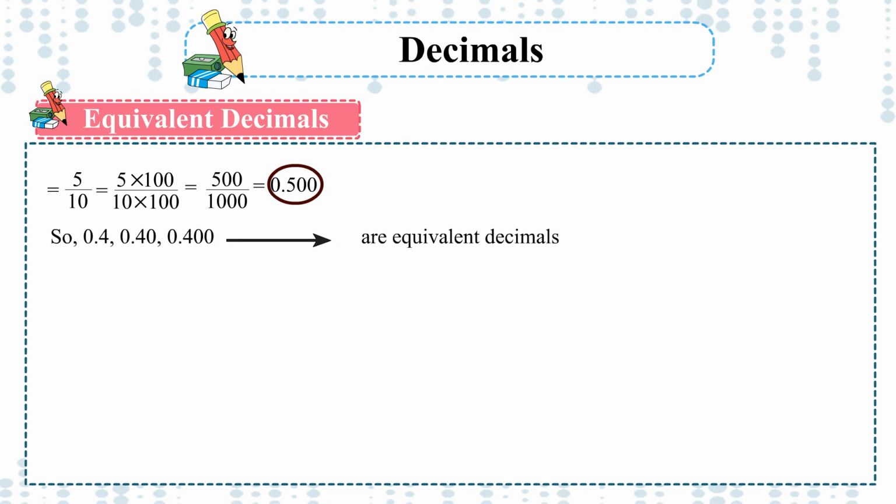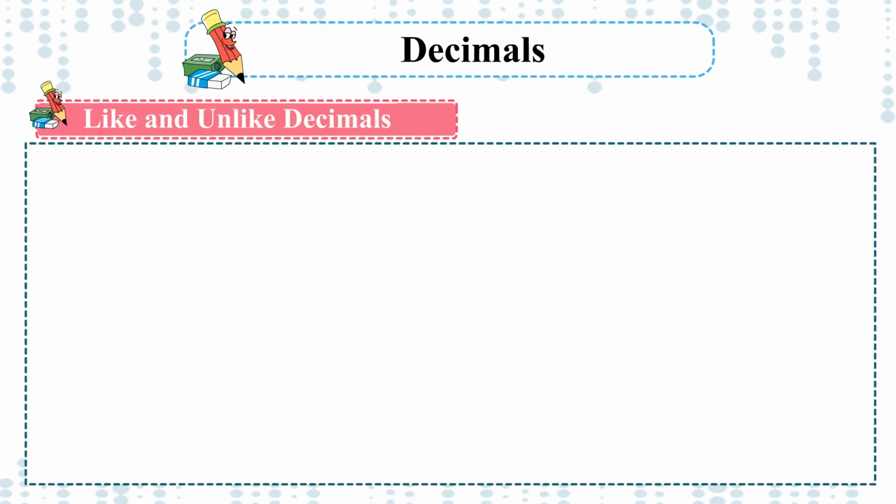So, 0.4, 0.40, 0.400 are equivalent decimals. And 0.5, 0.50, 0.500 are equivalent decimals.